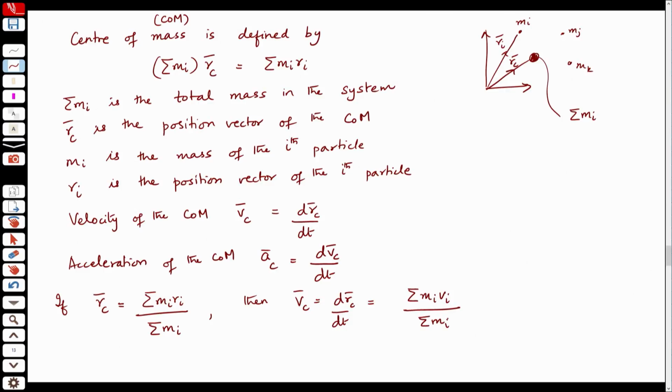Okay. And similarly, the acceleration is sigma mi ai by sigma mi.